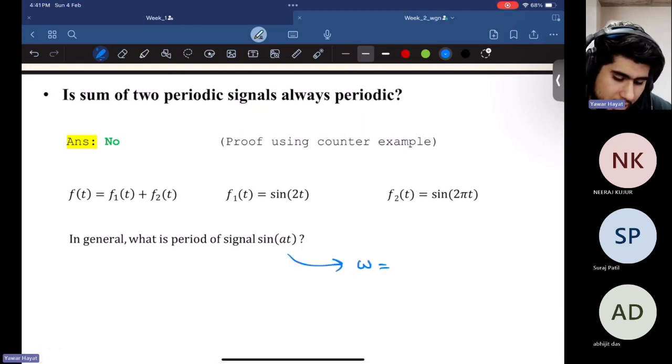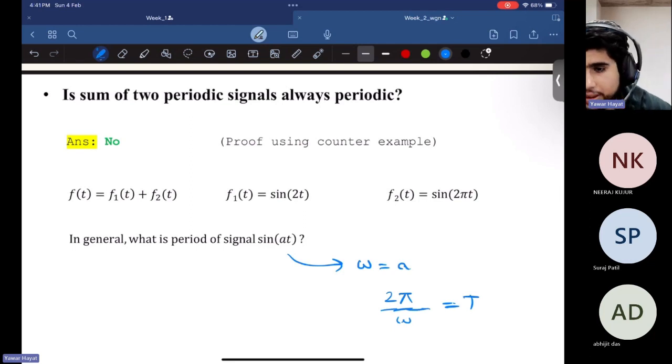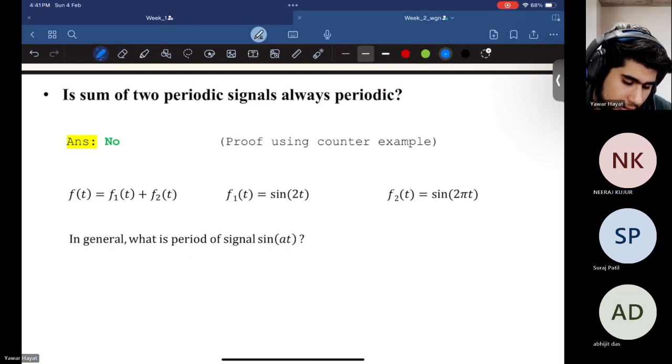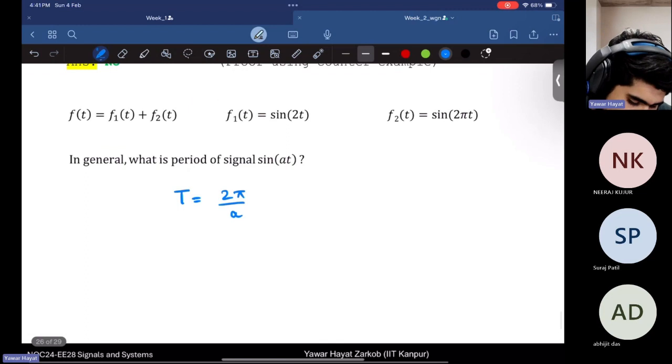Here this omega is A. And 2 pi by omega is what we call the time period, where omega is the frequency. So frequency here is A and time period is 2 pi divided by frequency. So what would be the period of sine of at? 2 pi by A.